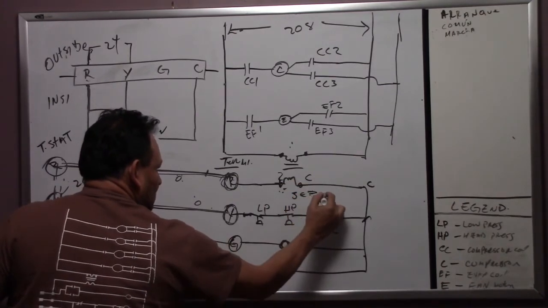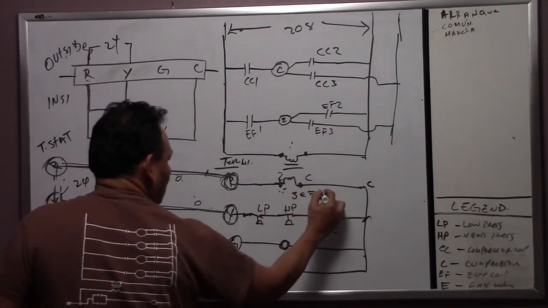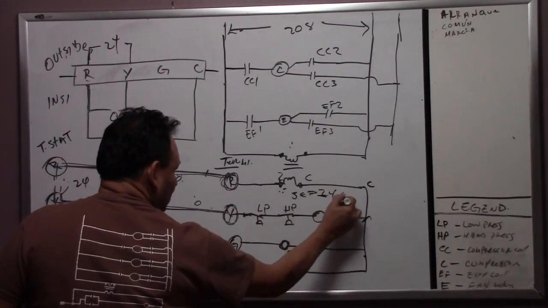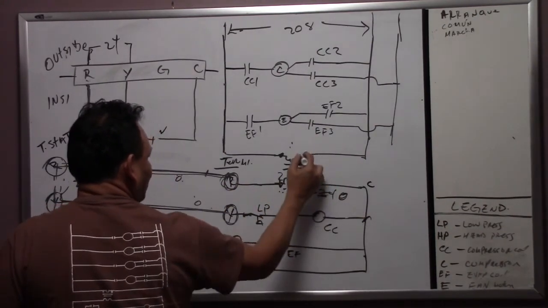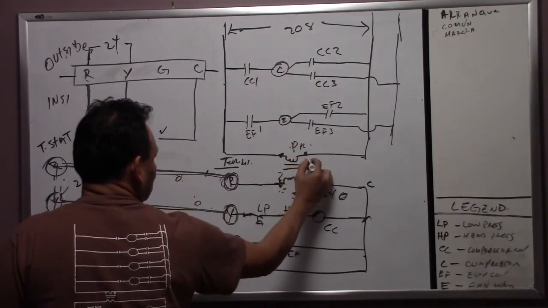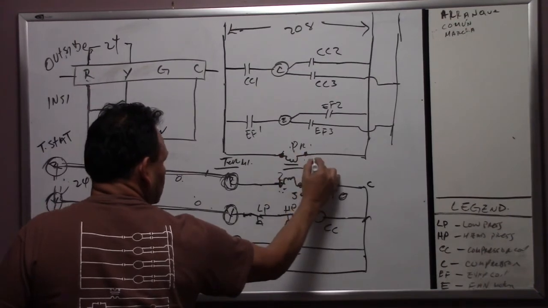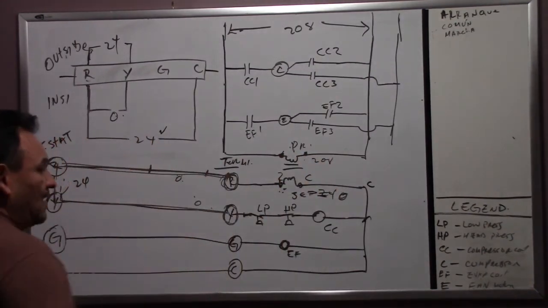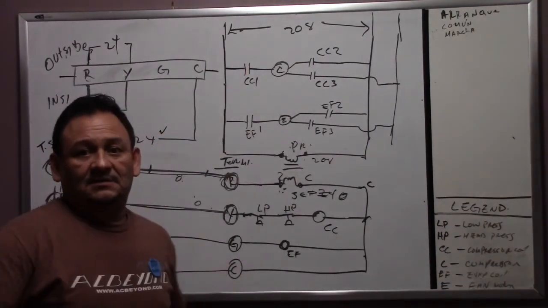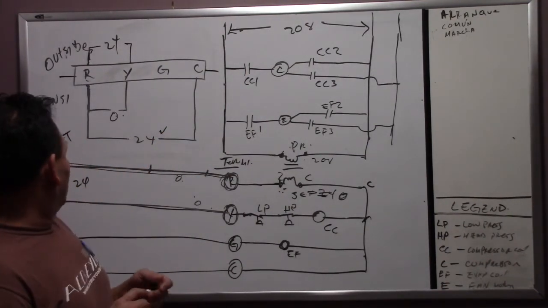This is your secondary. If you have 24 volts, then you follow here in the terminal strip. If you get 0 voltage here, then you have to go to your primary, which right here is 208. So between here and here, you should get 208. If you don't have 208, that means the transformer, or it could be your fuses or anything. So pretty much that'll be it.